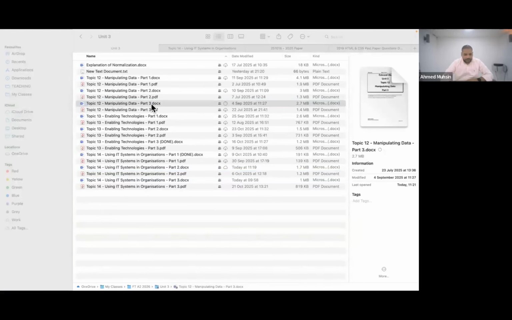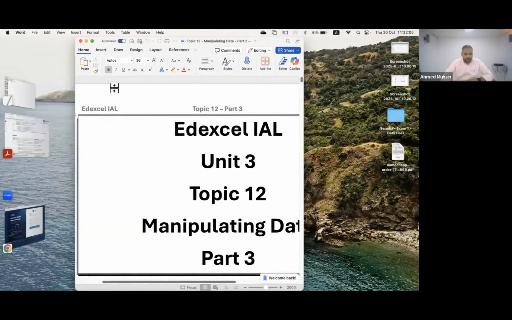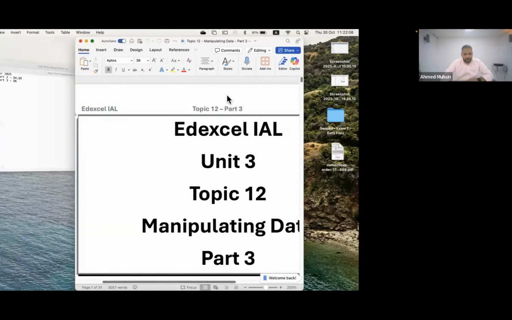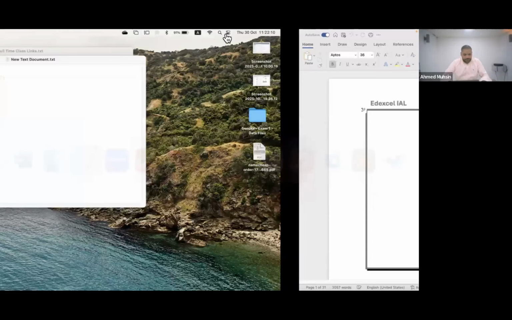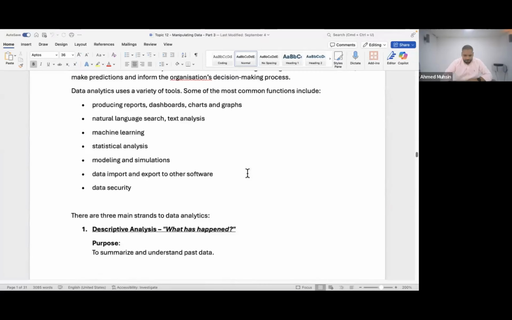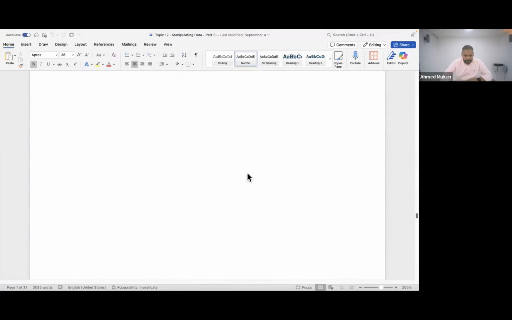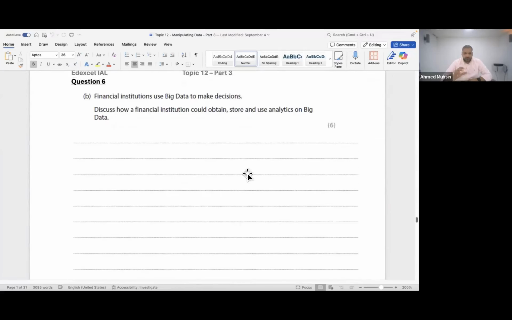Topic 12. Guys online, I hope you all are ready. Topic 12, part 3, question number 6. It says over here, yes, financial institutions use big data to make decisions. They don't just assume, guess.